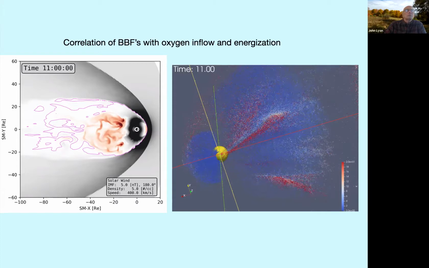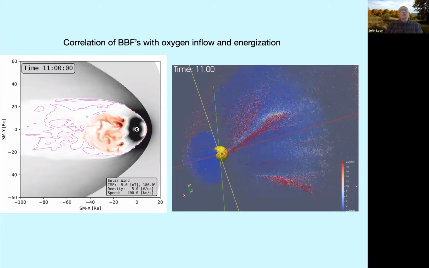On the right-hand side is the cloud of particles that was released at the same time. It's color-coded by energy, and you can see these streaks of higher energy particles, and these are being picked up by these BDFs and accelerated.